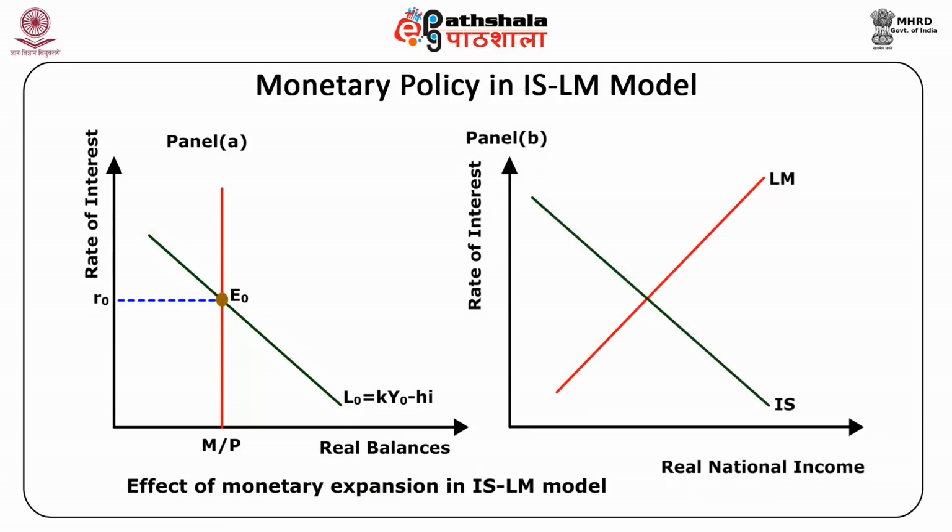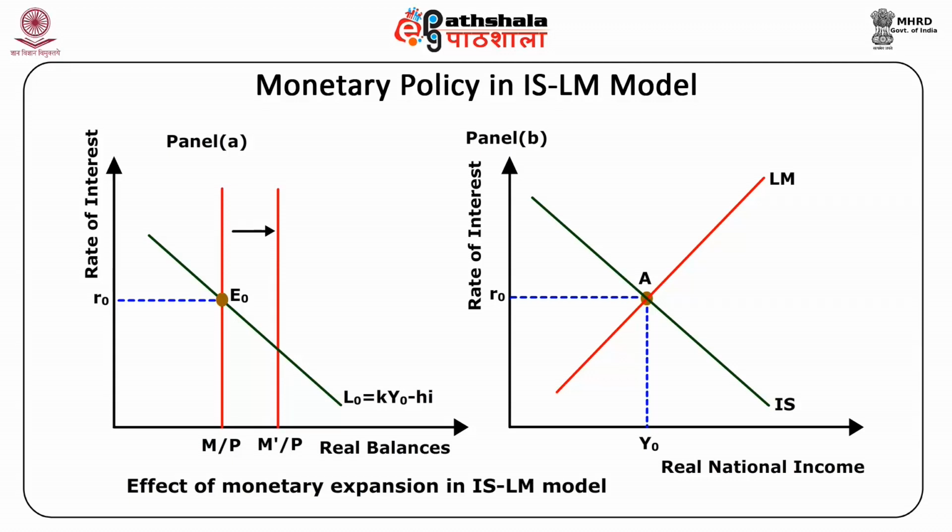In panel B, the point corresponding to E0 is recorded as point A where the interest rate is R0 and income is Y0. An increase in the money supply, when nominal balances increase, shifts the supply curve for money rightwards from M/P to M'/P as shown in panel A.